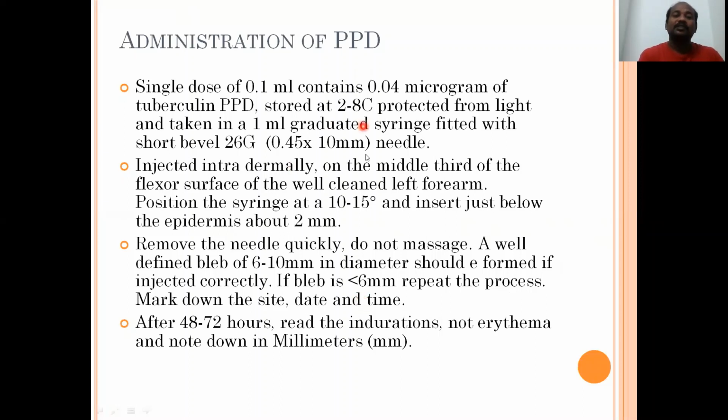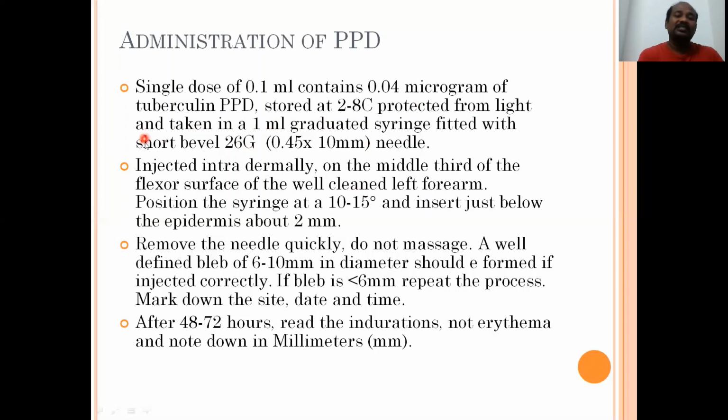The administration of the PPD injection is a single dose of 0.1 ml, containing 0.4 micrograms of tuberculin purified protein derivative. This injection should be stored at 2 to 8 degrees Celsius, protected from light, and should be drawn up in a 1 ml graduated syringe fitted with a short bevel 26G needle.